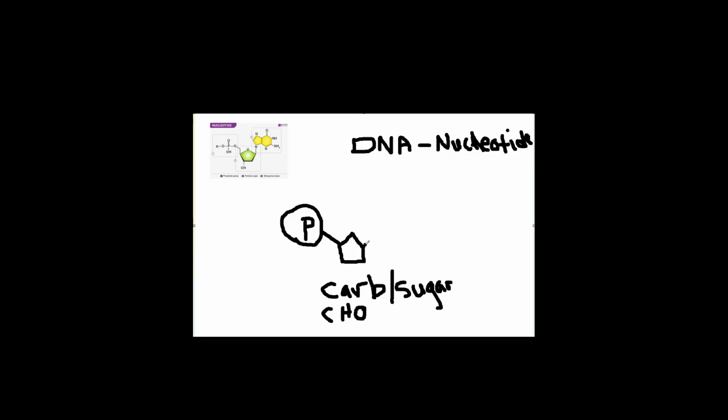And then sticking off on the other side of our carbohydrate sugar, we're going to have different variations of this structure here, but kind of making it similar to my example. This is where we're going to find lots of nitrogen. And so nitrogen is a key part of your DNA nucleotide. And in fact, this component here is often referred to as a nitrogen base because it's heavily constructed from nitrogen.